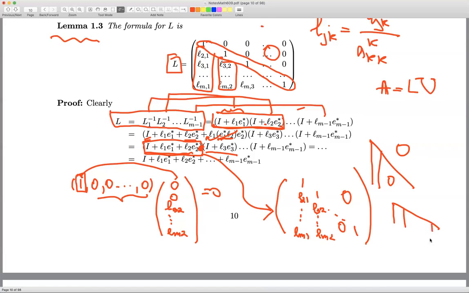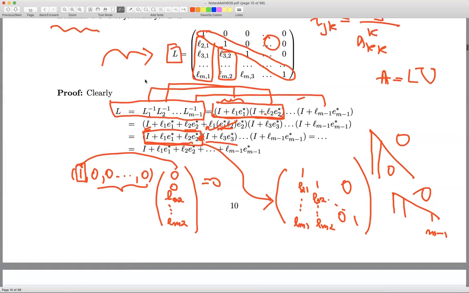At the very end, we will fill the M minus first column below the main diagonal, and we will end up exactly with this form of the matrix L.